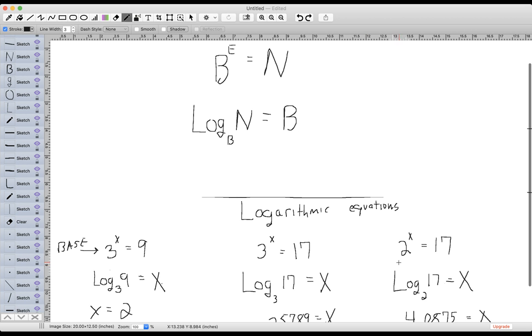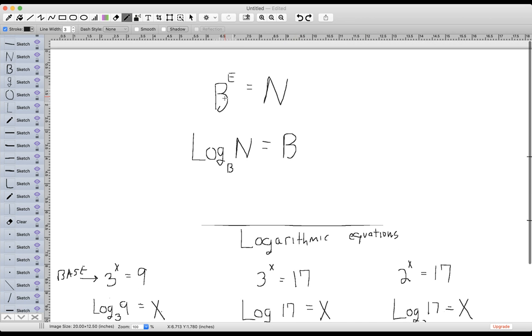So I quickly rewrote these expressions in an algebraic form, meaning just letters. Any base number b raised to an exponent will equal another number. By the way, the base will always be positive. We won't use negative bases. So b will always be positive.